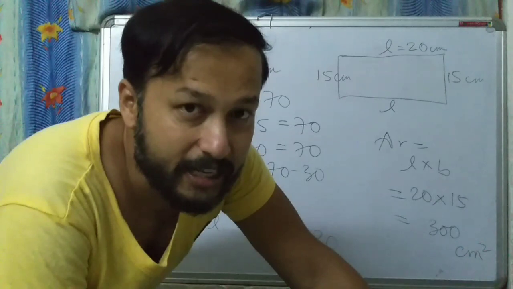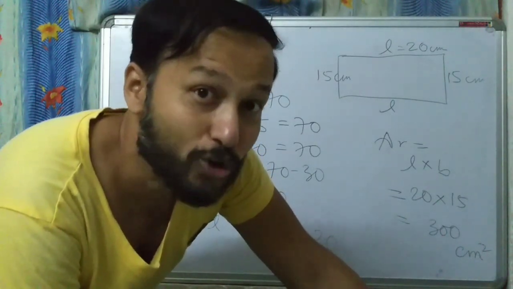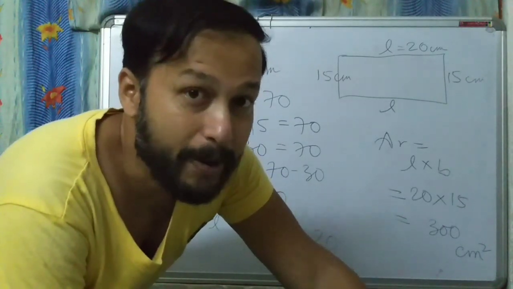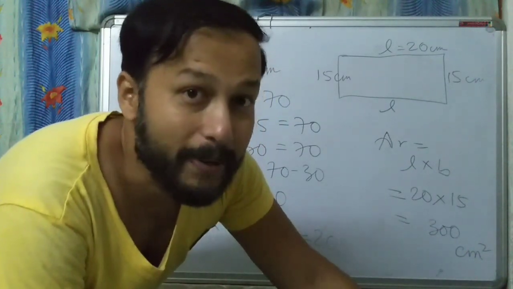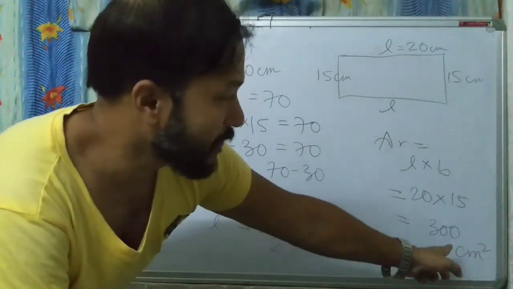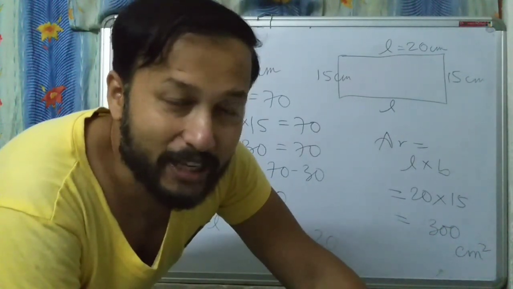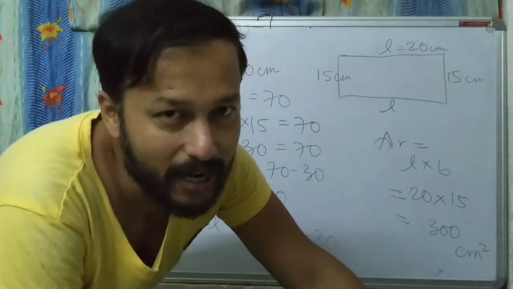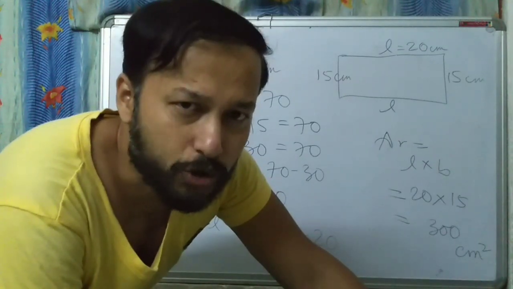If length is in meter, breadth is also in meter, then area should be in meter square. Meter square we have to write. But in case of perimeter, you don't have to write the square. Just centimeter or meter. You do not have to use square. Let's see the next question.